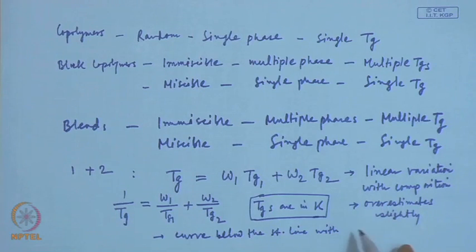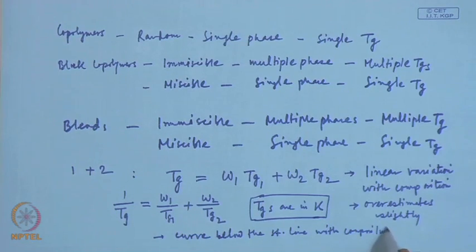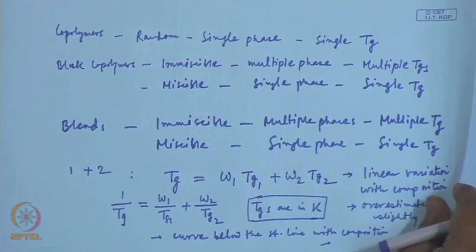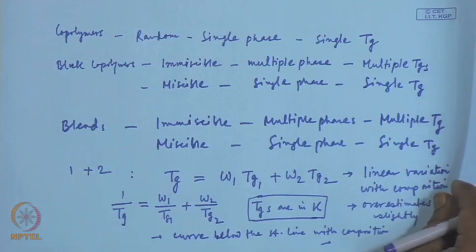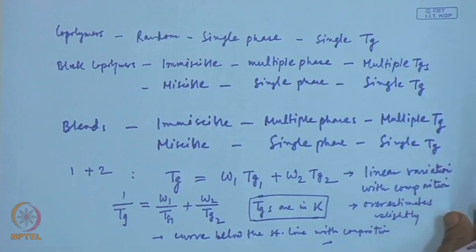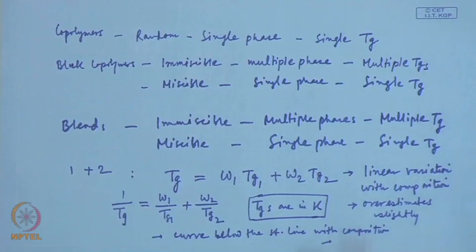So, if you have a straight line here, it will have a little curve below that, and it typically underestimates the Tg's a little bit for the miscible blends or the copolymer. Hence, the actual Tg lies somewhere between the values predicted by these two expressions.